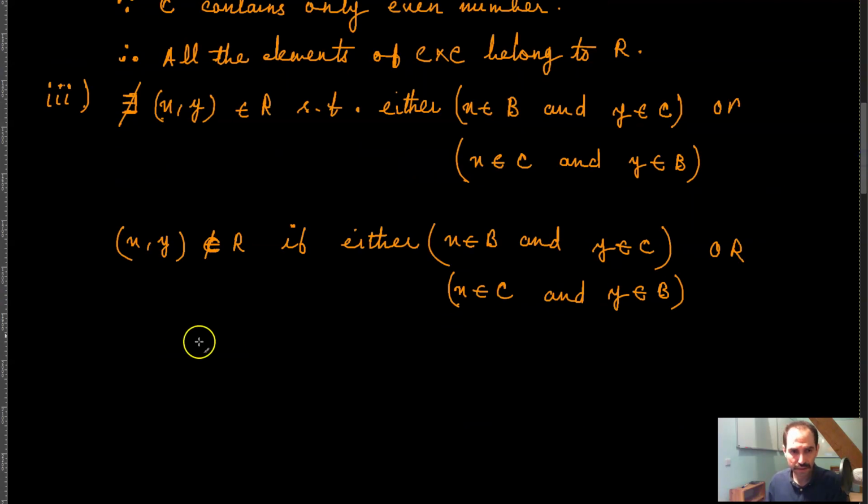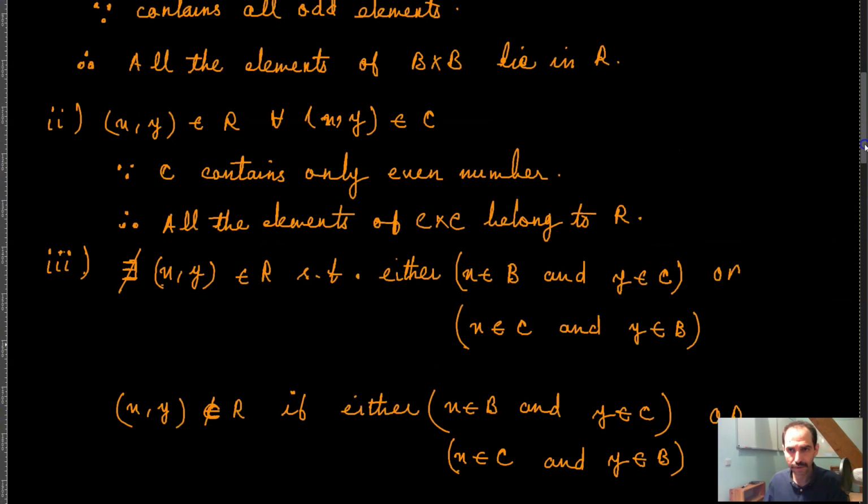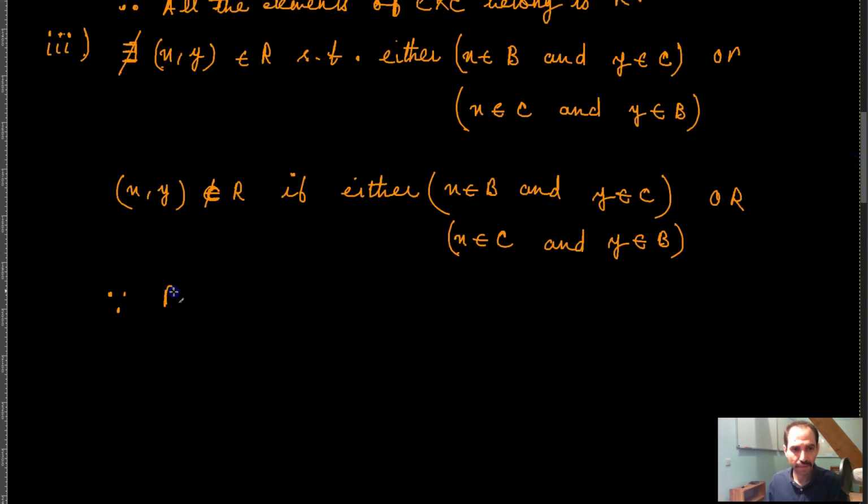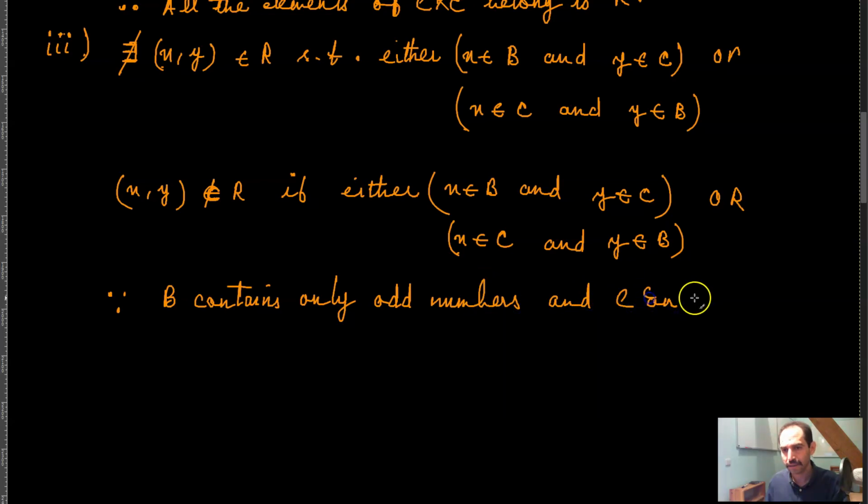And the reason for that is that B contains only odd numbers, and C contains only even numbers.